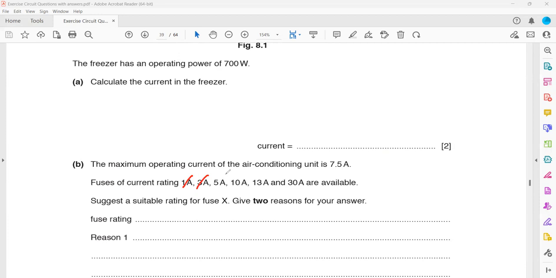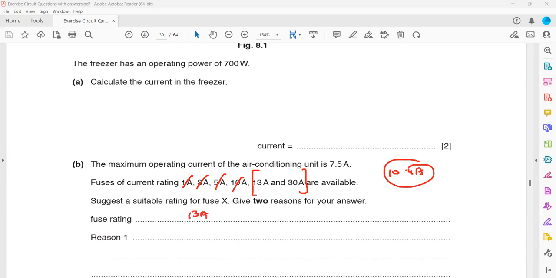Why? Because the maximum current we need is 10.4 ampere. If I select a 1 ampere fuse, it will melt; 3 ampere, will melt; 5, will melt; 10, will melt. So we are left with two options, 13 or 30. Which one should I select? I should select 13 ampere because 30 will be too large.